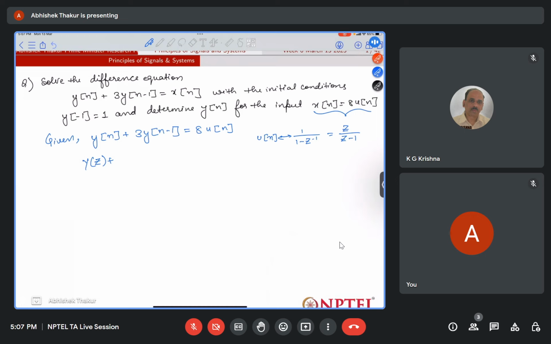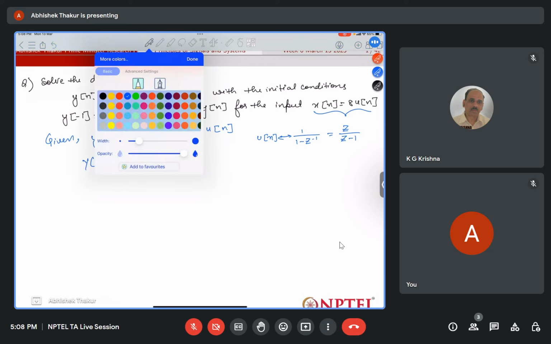So we were discussing this question. The difference equation is given and also the initial condition, that is y[-1] = 1. After that we have to determine y[n] for the input x[n] = 8u[n].